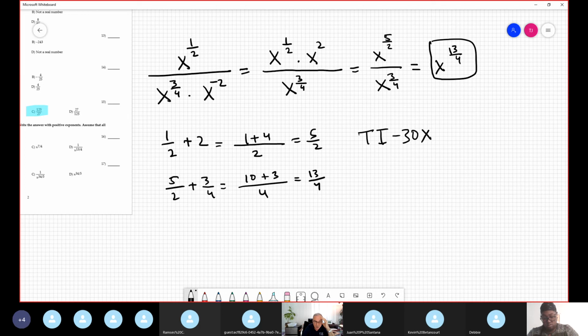You put it in the calculator: 1 over 2 plus 2. And directly it is 2 1/2, no? 2 1/2. And 2 1/2, when you convert to the improper fraction, 2 times 2 is 4 plus 1 is 5 over 2. Exactly like that.